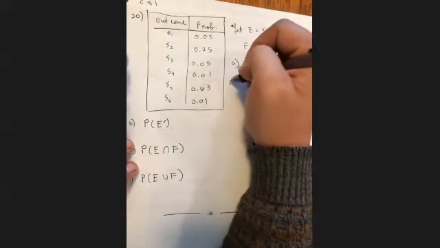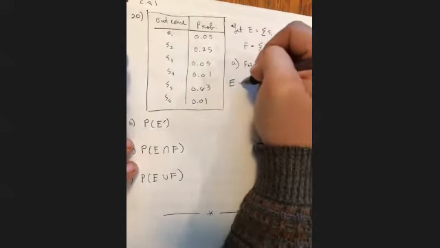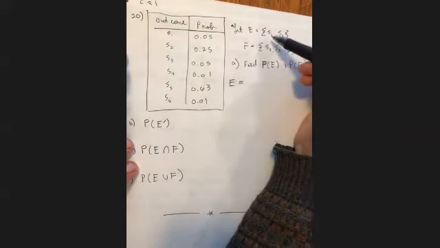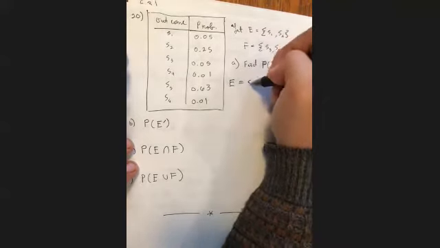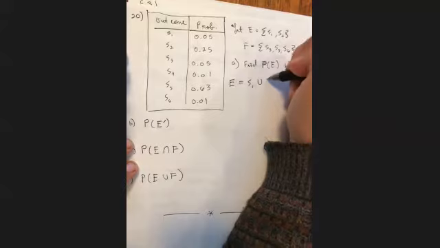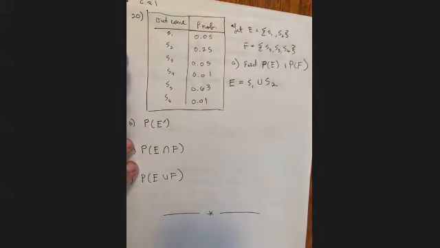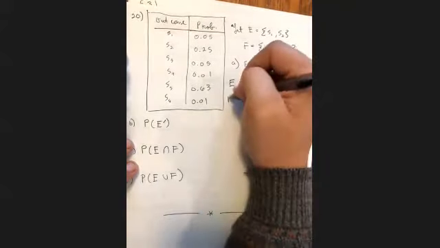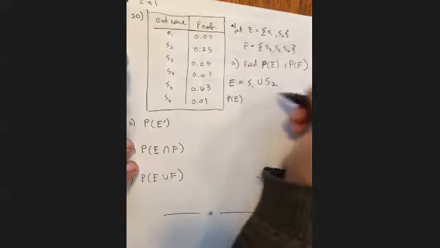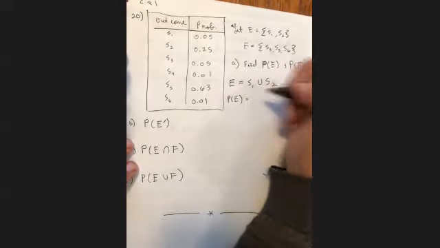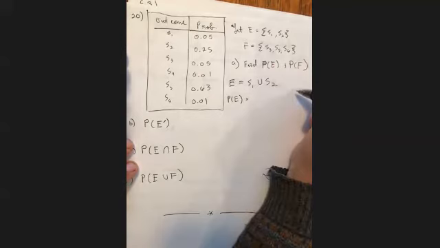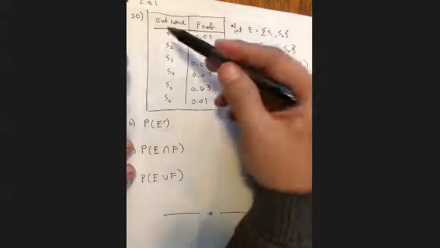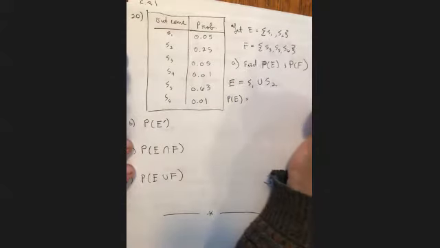So the observation to make here is that E, which is S1, S2, is equivalent to S1 union S2. So we're finding the probability of that union, and we're going to assume that without any further information all of these events are mutually exclusive.